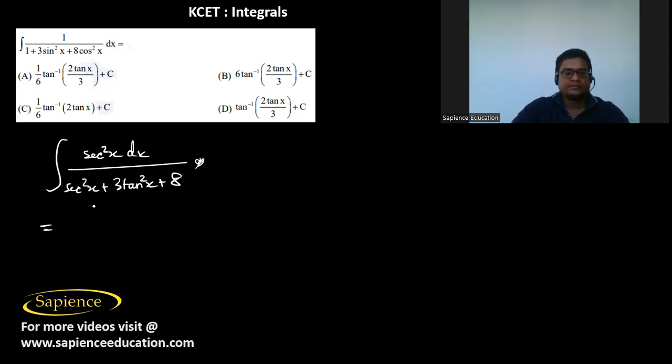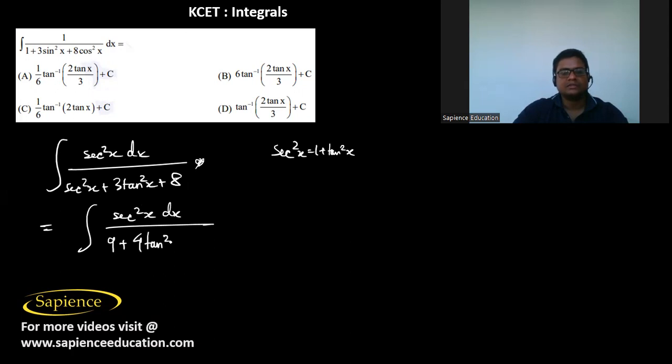So this will be, and sec square x is what? We can write it as 1 plus tan square x. So this will be integral sec square x dx divided by 1 plus tan square x plus 3 tan square x plus 8. So this is 9 plus 4 tan square x.